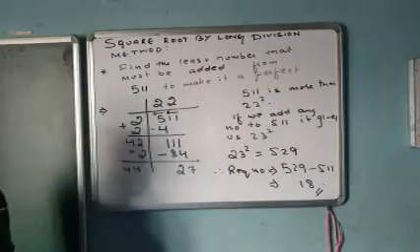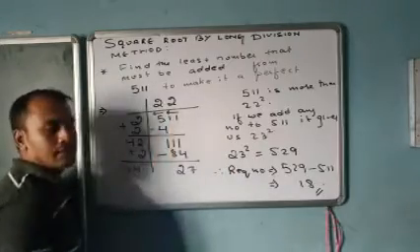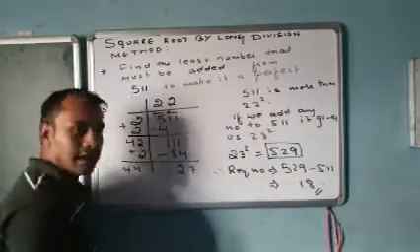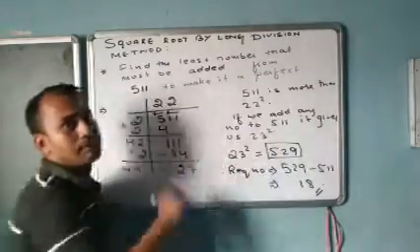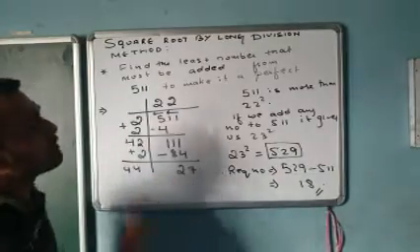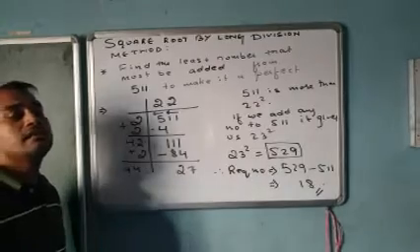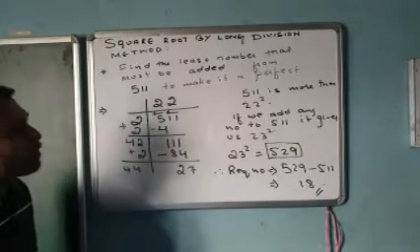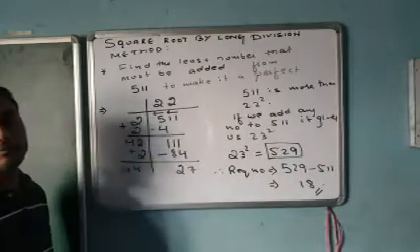Which means that if we add 18 to 511, then it will give us 529, which is a perfect square of 23. So this way we can find out what is the least number that is required to be added in order to make the given number a perfect square.